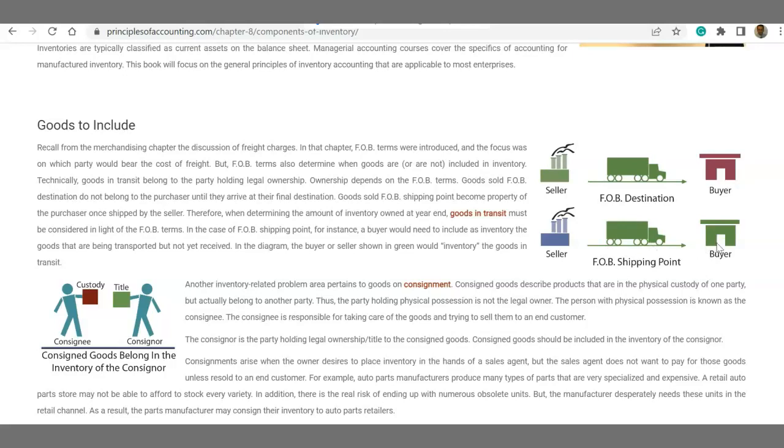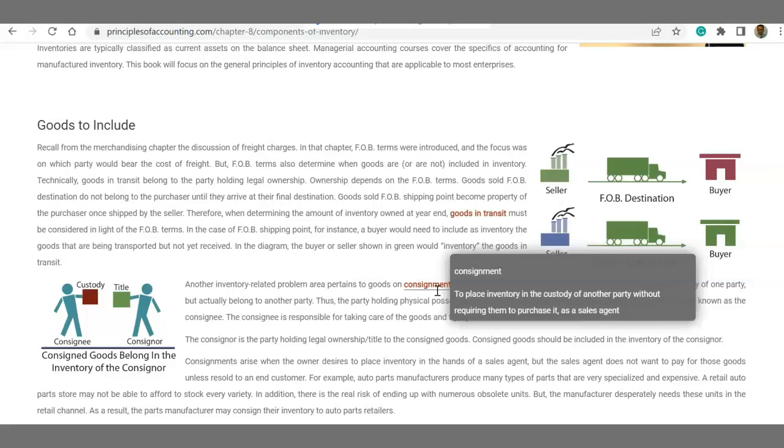That's important because if it's shipped on December 28th and arrives on January 20th, as soon as the December 31st balance sheet is prepared, this inventory is already part of the buyer's inventory, even though it's still on its way. We call it goods in transit, and it will be reported as inventory in transit in the balance sheet.